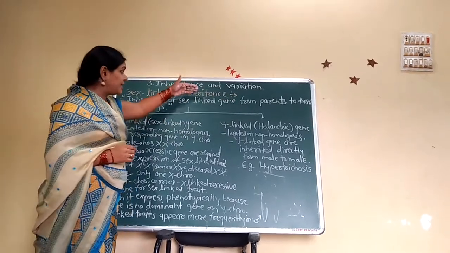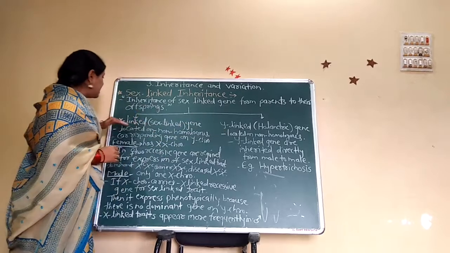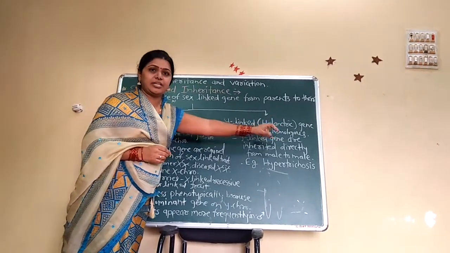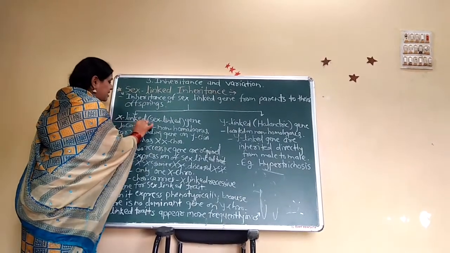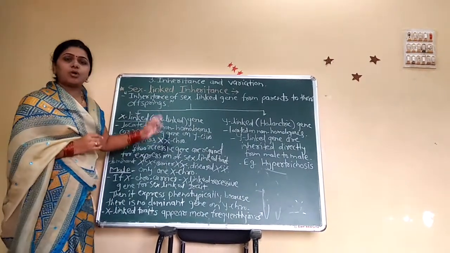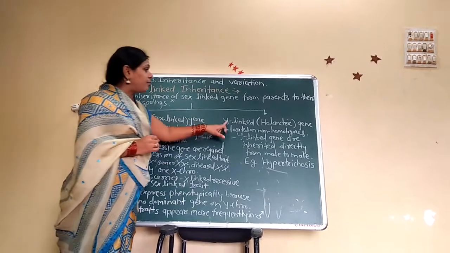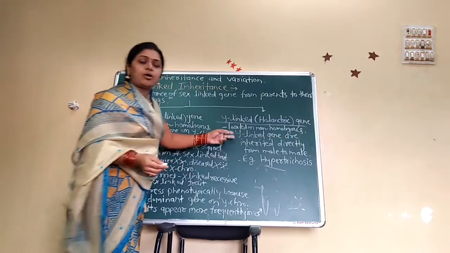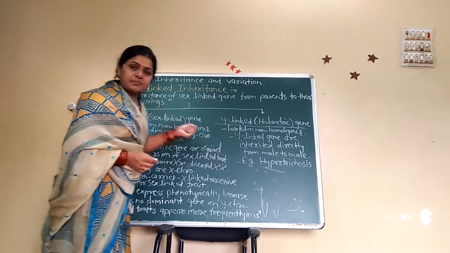And in sex-linked inheritance there are two types: X-linked genes, which are located on the non-homologous region of the X chromosome, and Y-linked genes, which are located on the non-homologous region of the Y chromosome.